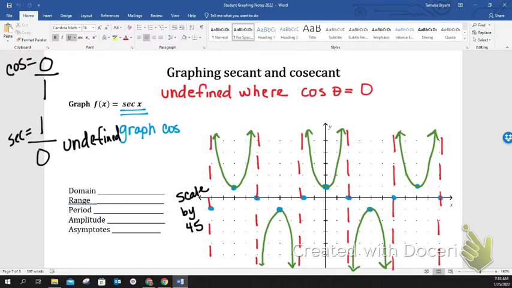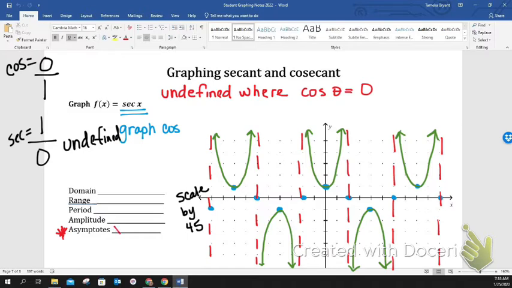Okay, so now let's fill in our critical information. So your domain, because we have asymptotes, it is no longer all real numbers. We have to add what's excluded. But I think it's easier to start with our asymptotes and then do our domain. So let's start with our asymptotes.